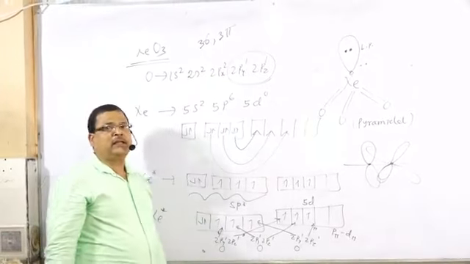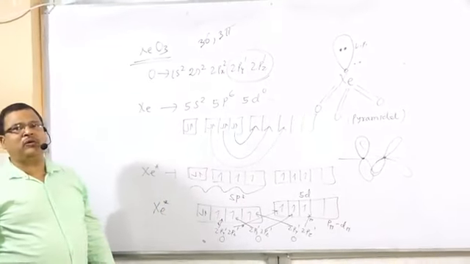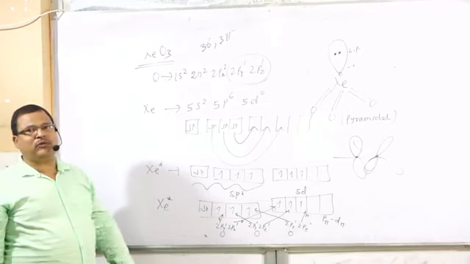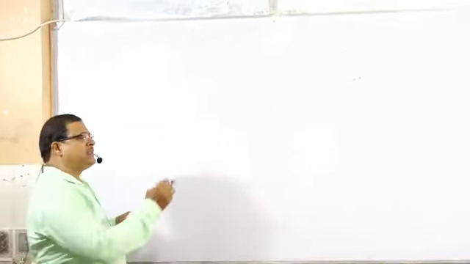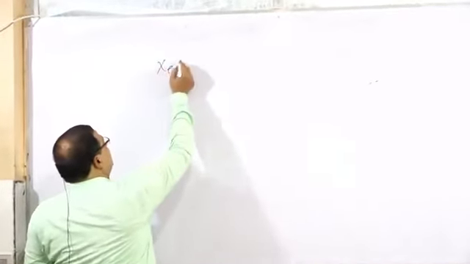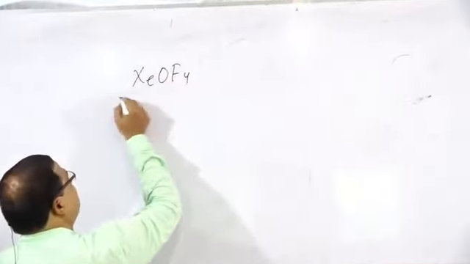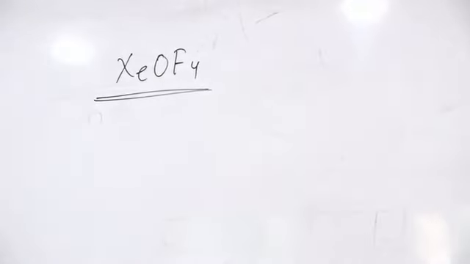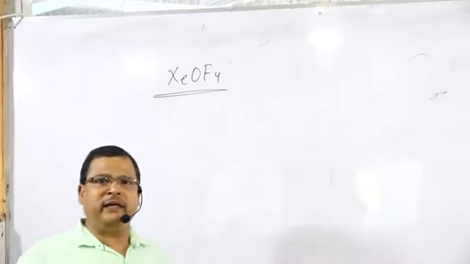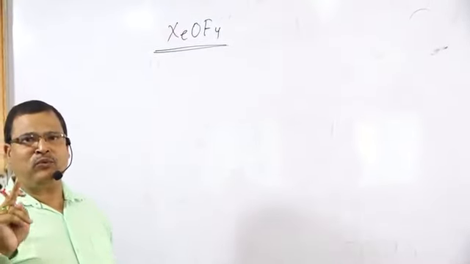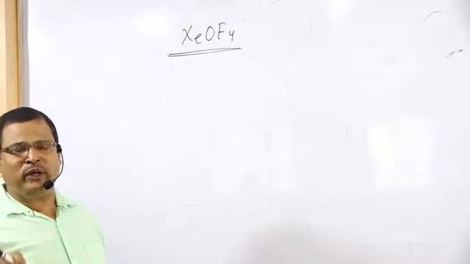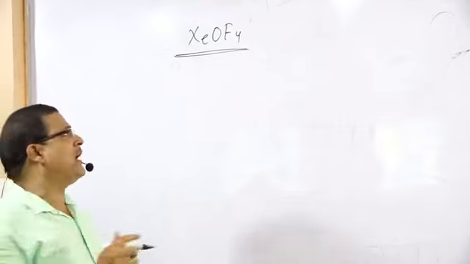According to VSEPR theory, it is a similar structure to ammonia. Next we will see a mixed compound of oxygen and fluorine with xenon, the structure of XeOF4. In this compound, fluorine as well as oxygen is present. We know that oxygen has the ability to form 1 sigma and 1 pi, but the fluorine atom can form only sigma.